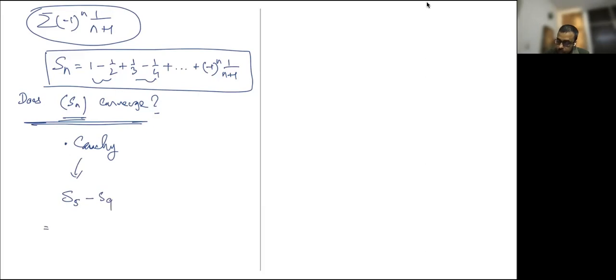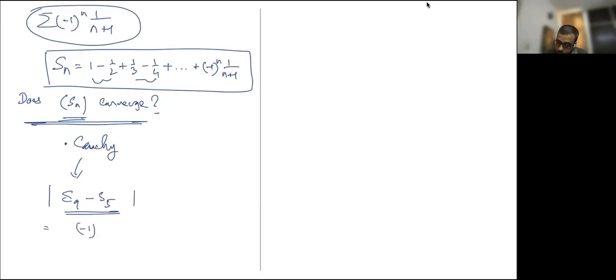So what shall we get? Or let me write it. It will not matter eventually because there will be an absolute value. So what is this quantity? So S5, the last term is minus 1 to the power 5, 1 over 6. So up to that term they cancel.